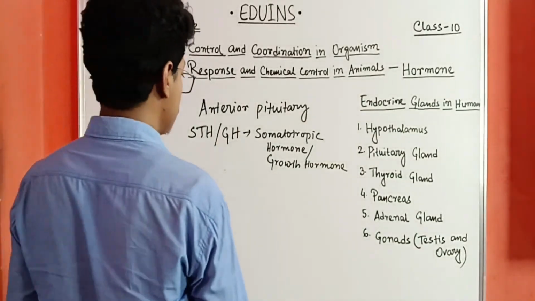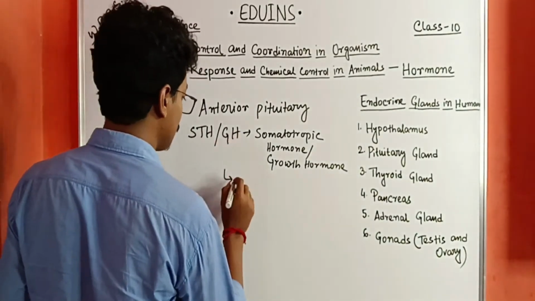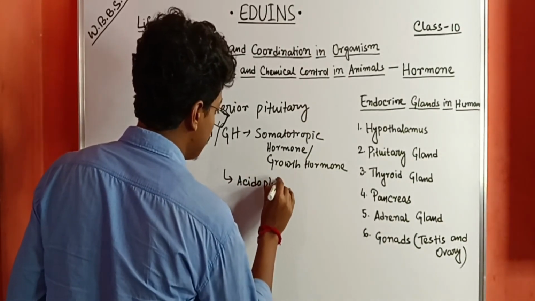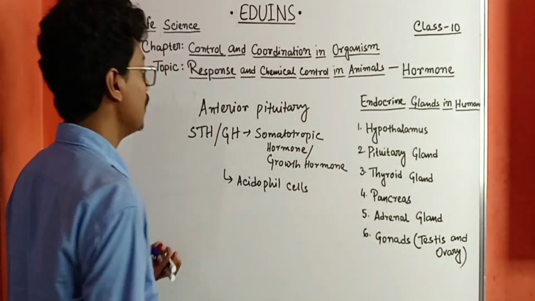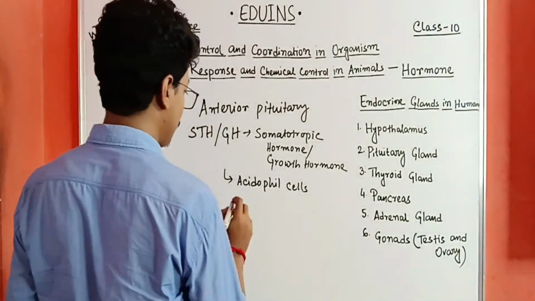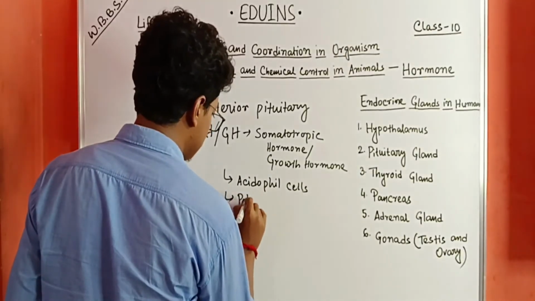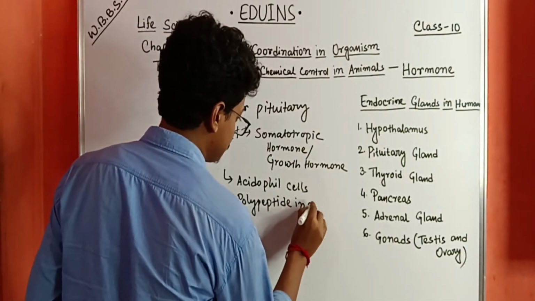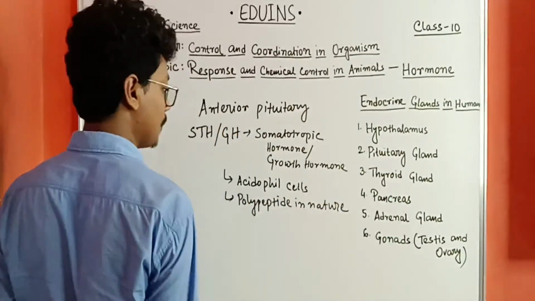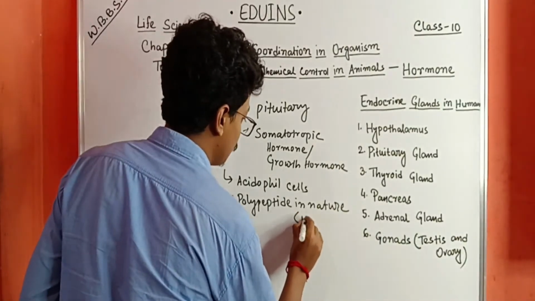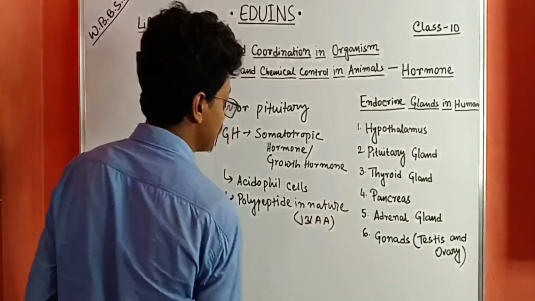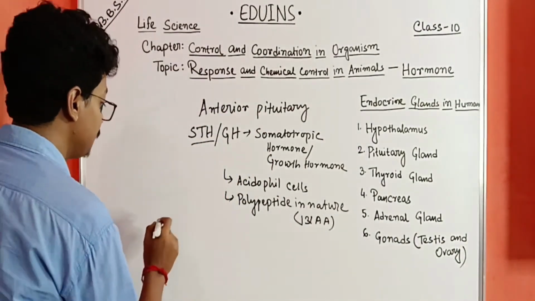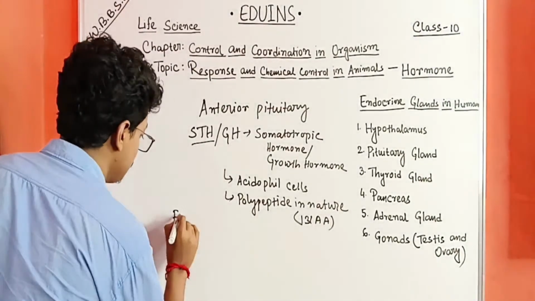Okay, so this is released from the acidophil cells of the anterior pituitary. And this is also polypeptide in nature. About 131 amino acids are present in the STH.